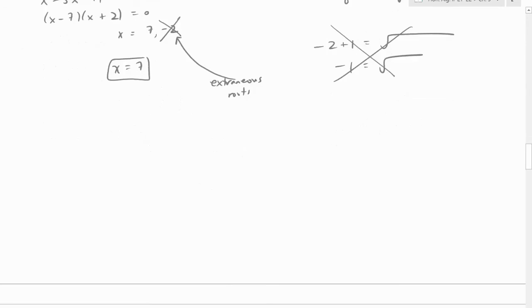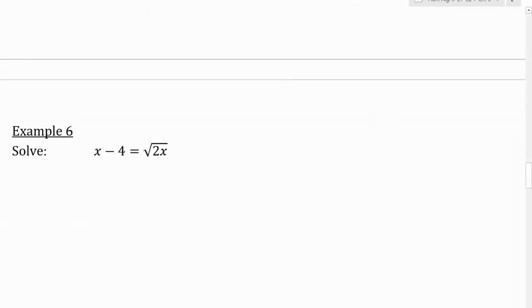Okay. For example 6, we're doing the same thing. Let's square both sides because that radical's isolated. Let's see what we can do with this. Multiplies to be 16, adds to be -10. That's a -8 and a -2. So same deal.